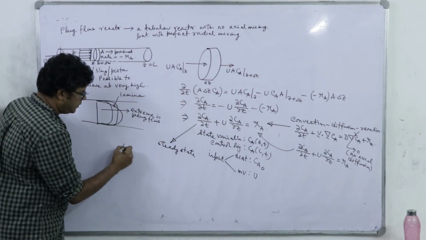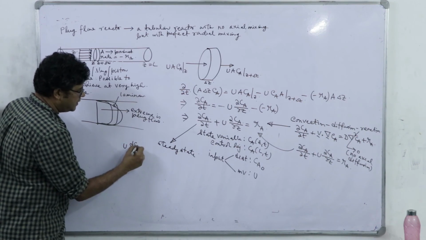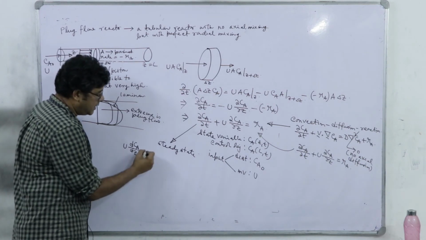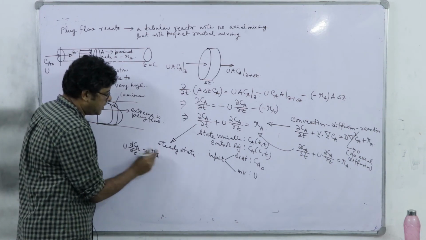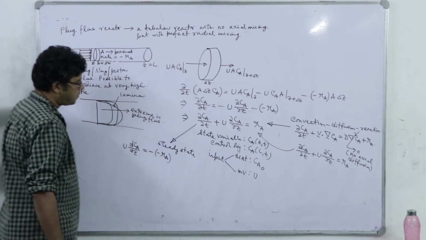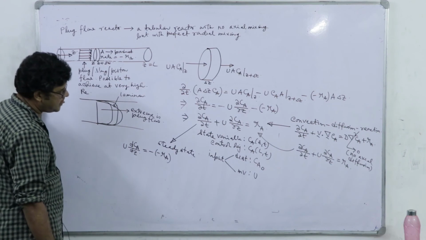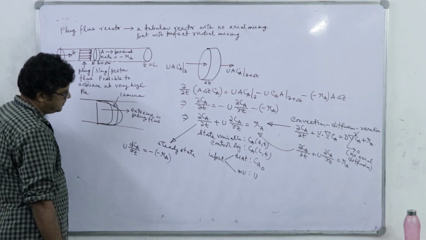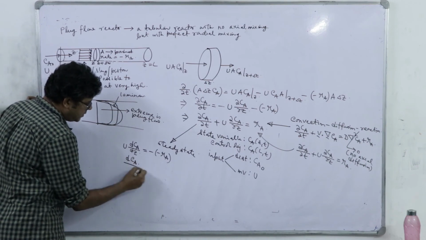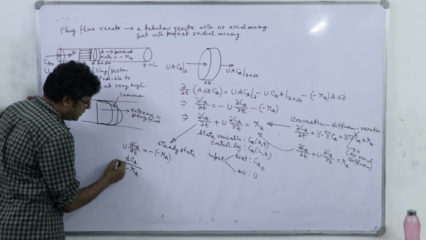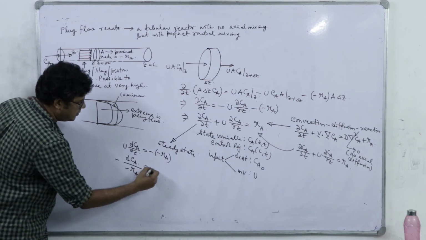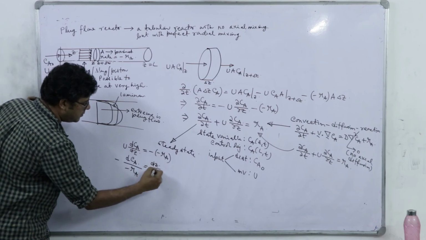So if I think of steady state, this is u dCA/dz, because CA is now a function of z only, equal to minus of minus RA. So dCA divided by minus of minus RA is equal to dz by u.